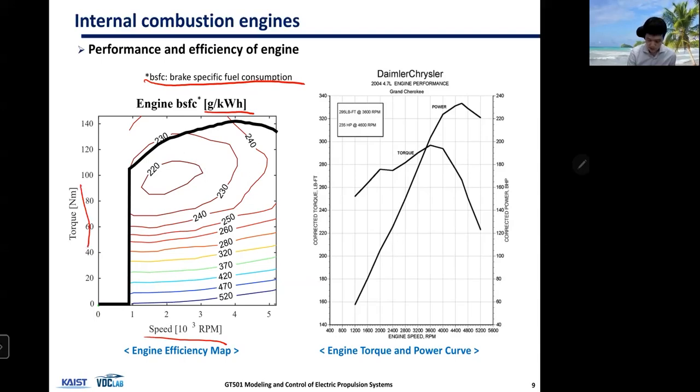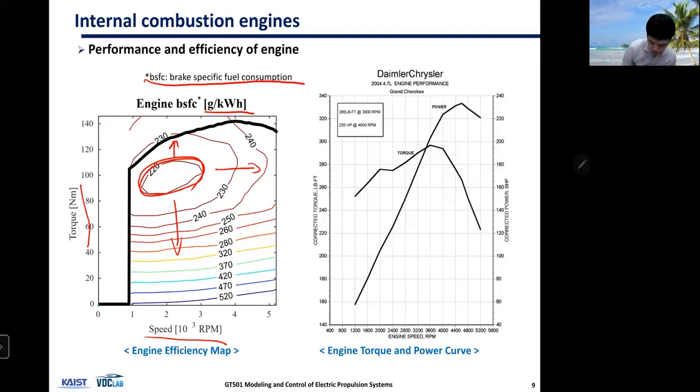And as you can see, the sweet spot, meaning maximum efficiency, can be seen in this region, low speed, high torque region. But as you go farther away from that region, you lose efficiency, meaning that you need more fuel to provide that unit power.